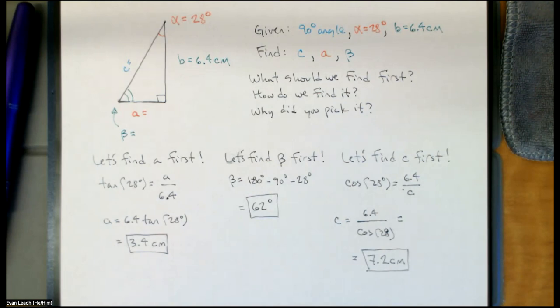So the good news is we have choices as to what part we go after first. The bad news is we have choices as to what part we can go after first. The further good news is that there is a best part to find first.